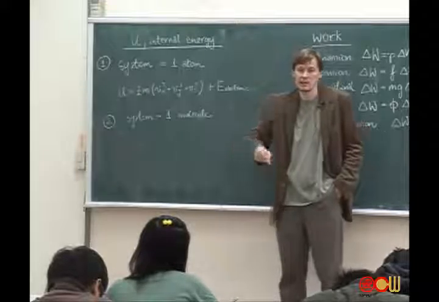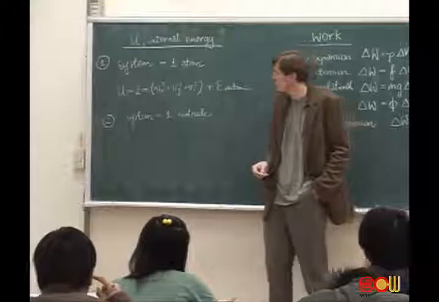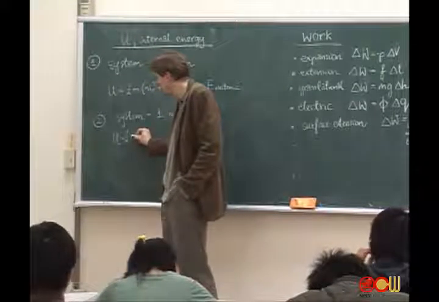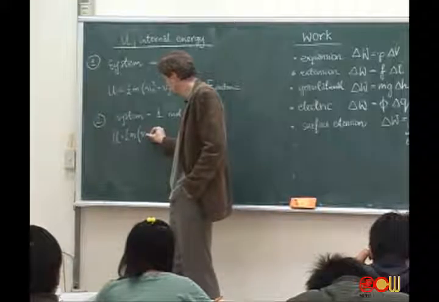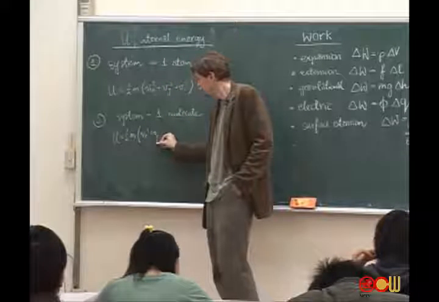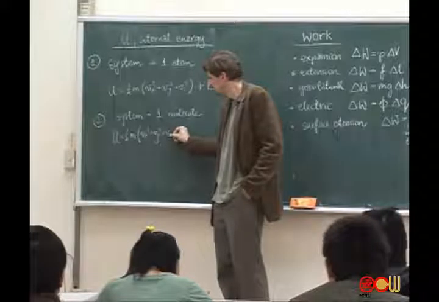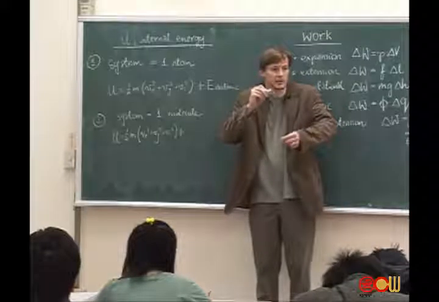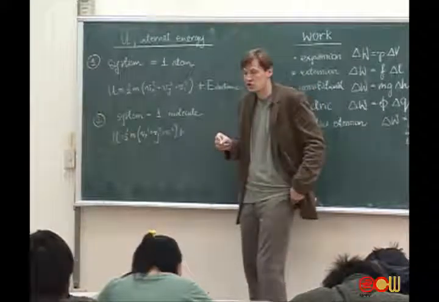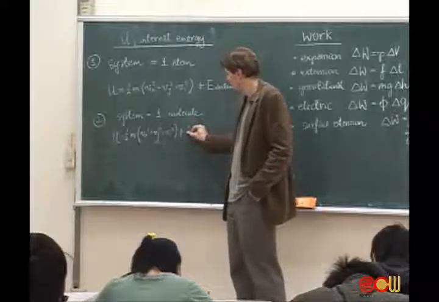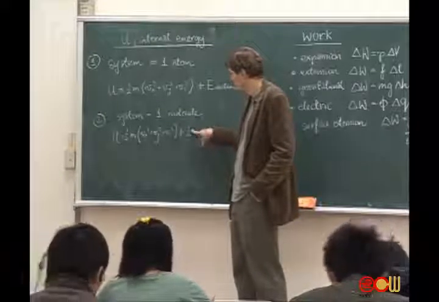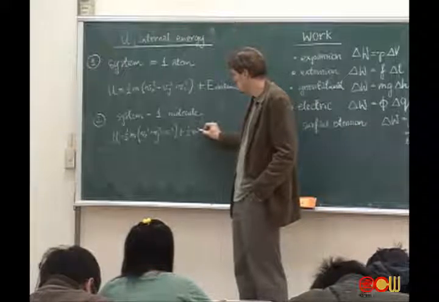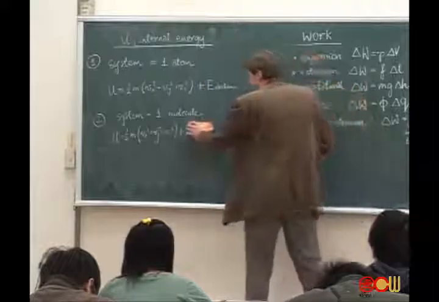It can still translate in X, Y, and Z. So the internal energy of this system would again be 1/2 m v squared, but now the system can also rotate. So we have rotational energy of the molecule. There would be 1/2 I omega squared.